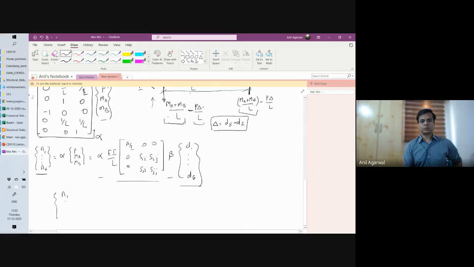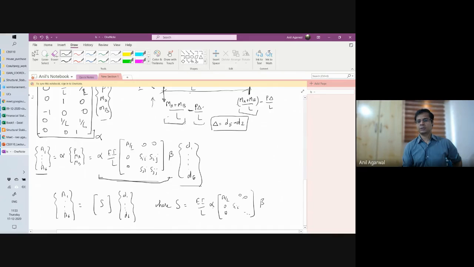So I'll call this whole thing the stiffness matrix times D1 to D6. Where S is equal to, I'll take EI by L out, alpha times whatever, A by I and so on, SII, etc. times beta.